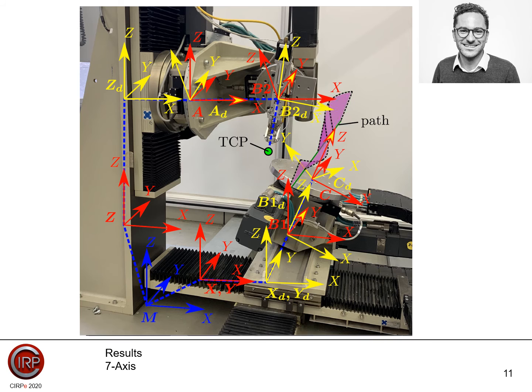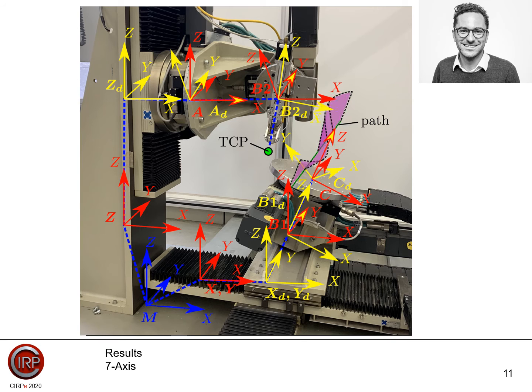The validation was also done on an industrial CNC 7-axis kinematics that you can see here. This has a TwinCAT CNC control system that reads the G-code and executes it in real time.